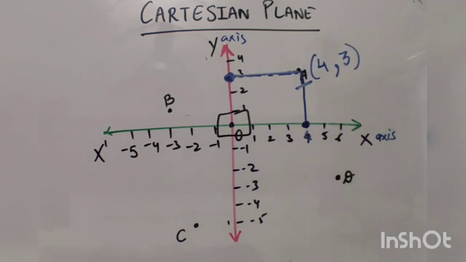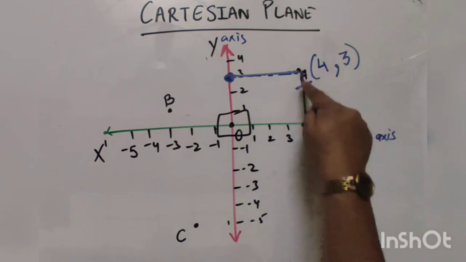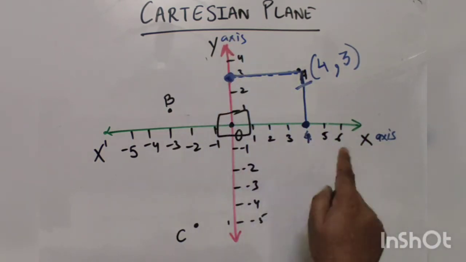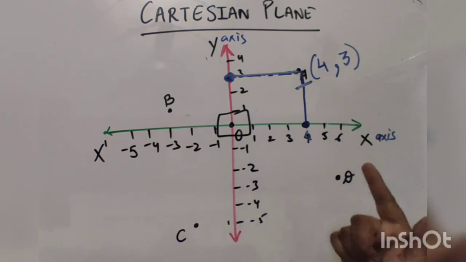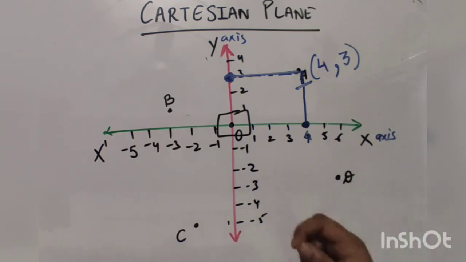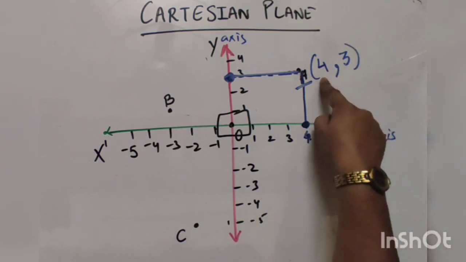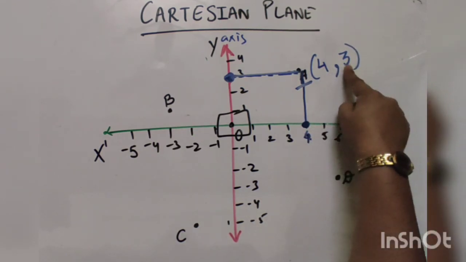So always remember, when we locate any point on a Cartesian plane, first we always have to draw a perpendicular line along both the axes. And second, when we write down the point, the x-axis value will come first and the y-axis value will come after that.